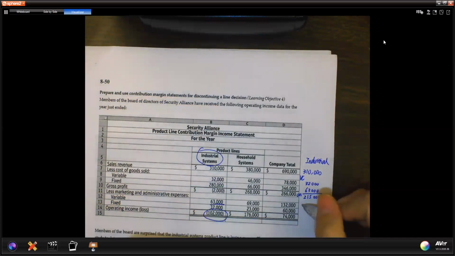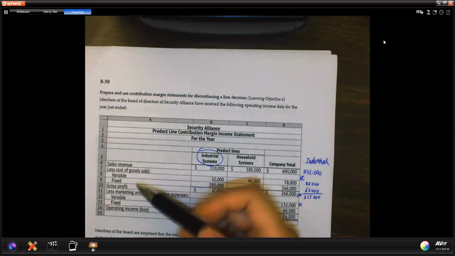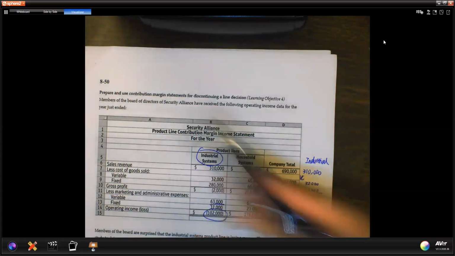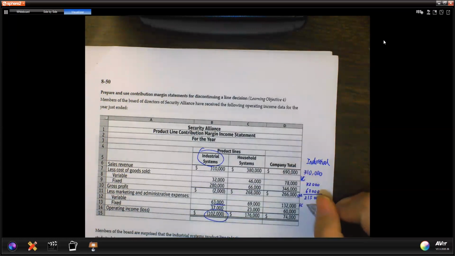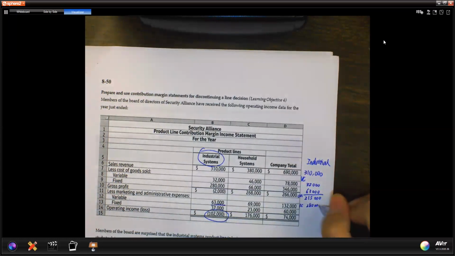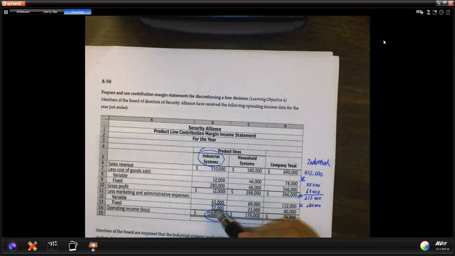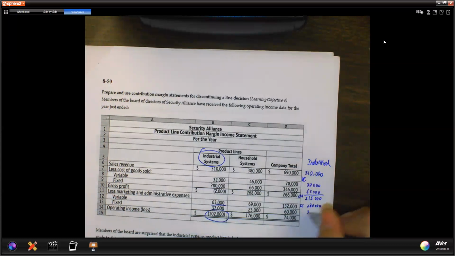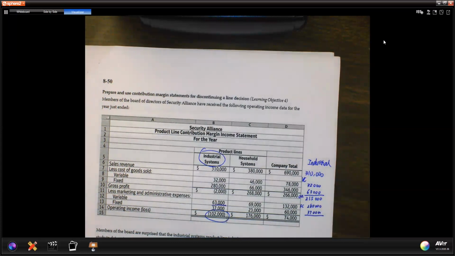Then I subtract all the fixed costs. I have fixed cost of goods sold of 280,000, and then I have fixed operating cost of 37,000.